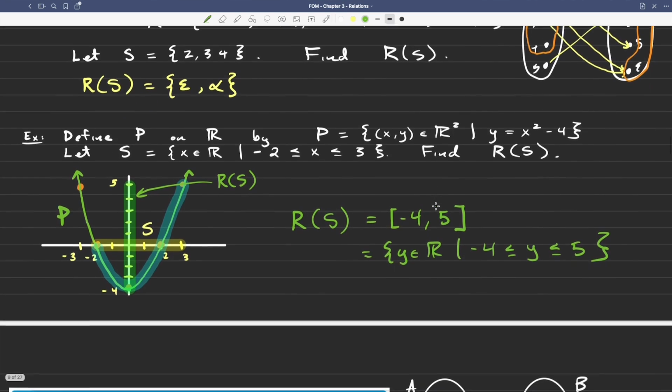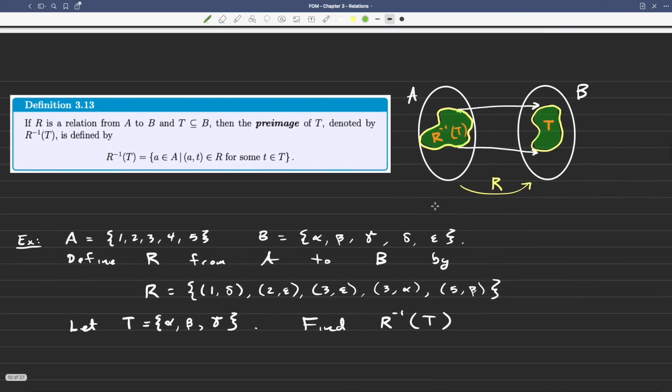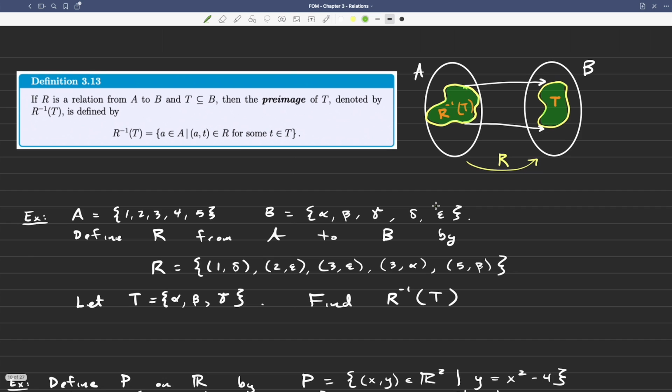Now, when we do preimage, it's exactly the reverse of that. I'm going to specify what the second components are, and then you have to tell me what the first components are that went with those specified second components. The first components that correspond to those specified second components is called the preimage of that set of specified second components. The setup is the same.